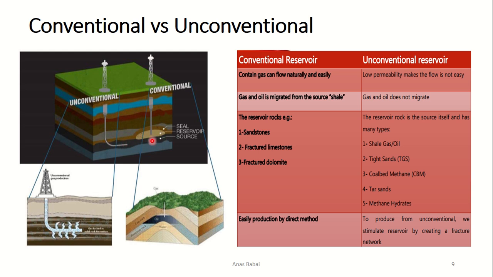As we know, that source rock is low permeability. So this is the fracking. We create artificial fractures in the formation in order to allow the hydrocarbon to flow through those rocks into the wellbore.